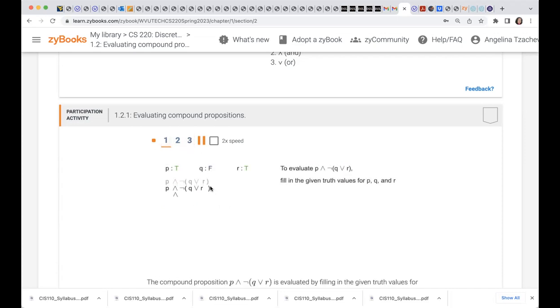First the values need to be filled in, the F and the T. False and true. So first comes the not operator, then the and, and finally the or.